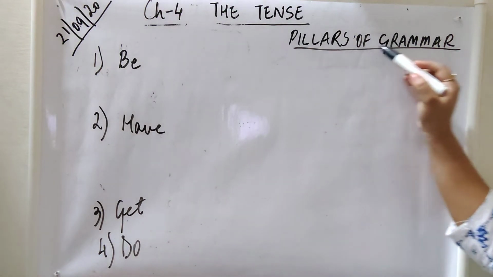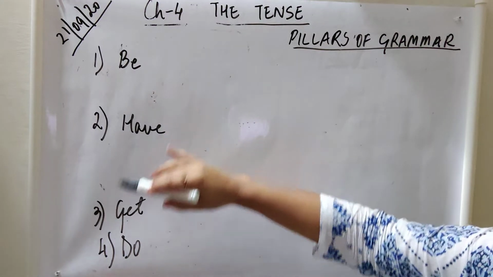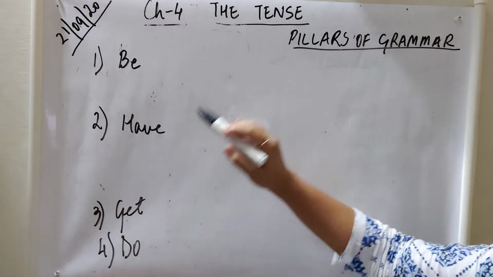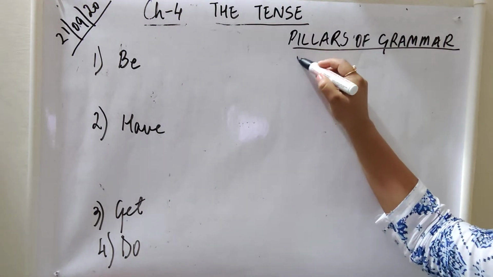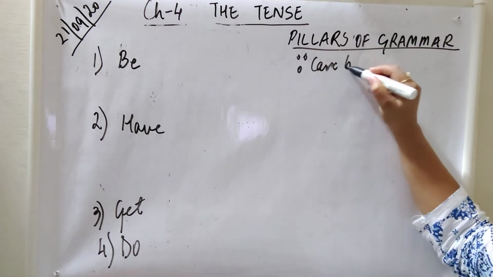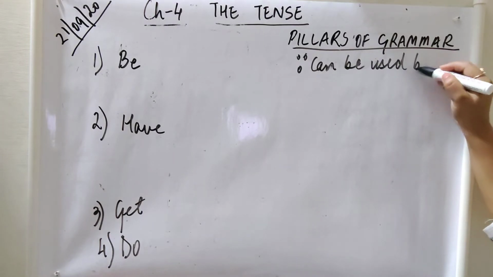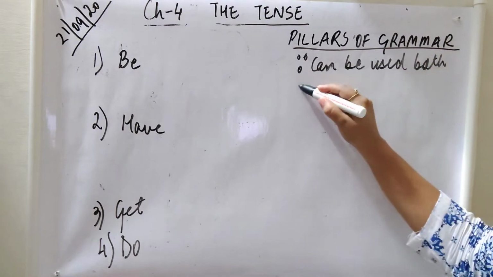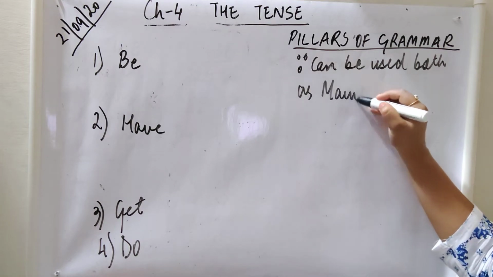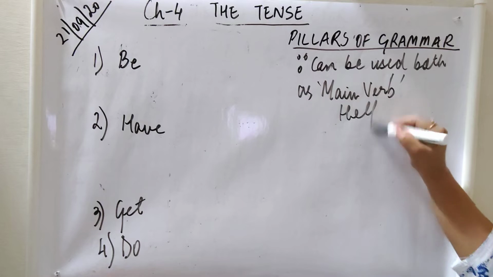Why I call them pillars of grammar is because these verbs, be, do, get, have, can be used both as main verb and helping verb. Now I will tell you how.